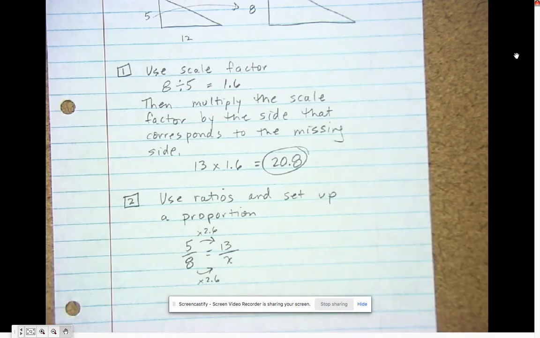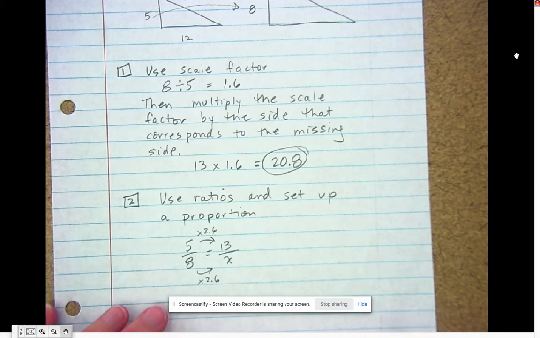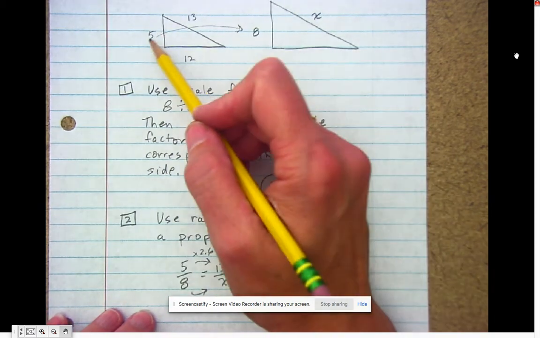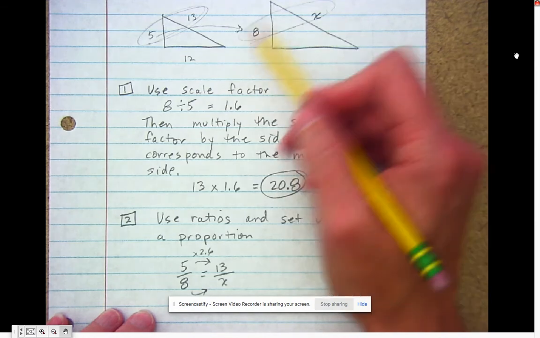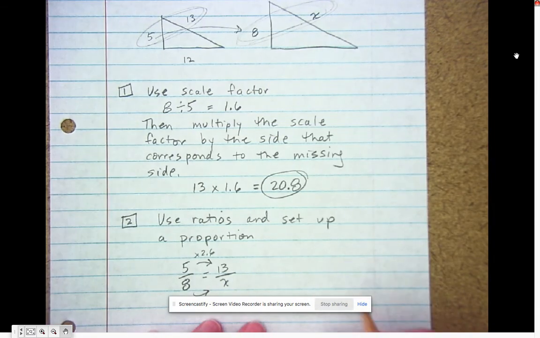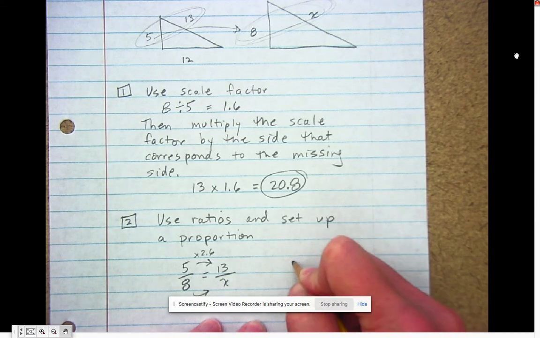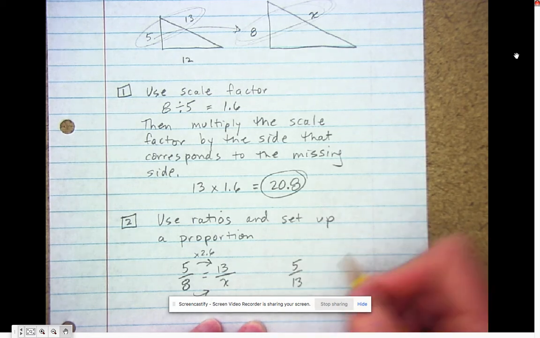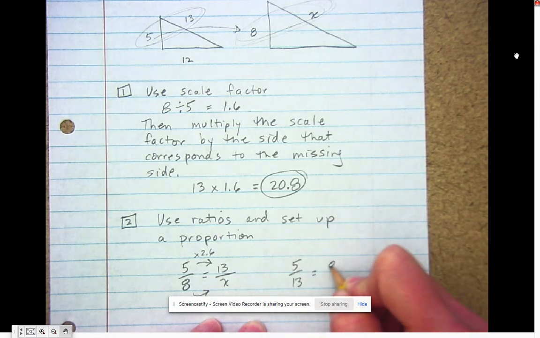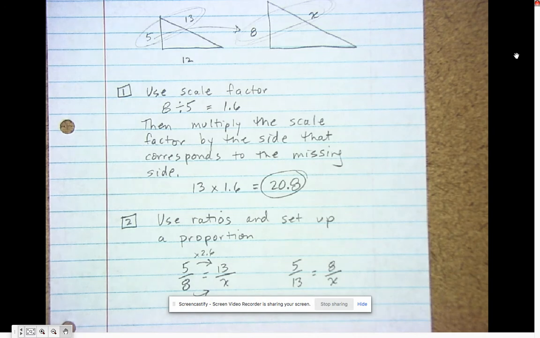Or sometimes the easier ratio is an internal ratio. So maybe I'll use my internal ratios and compare this ratio to this ratio. I write down the ratio of 5 to 13. How does that compare to 8 to x? Again, I have to think a little, so it's not just times 2.